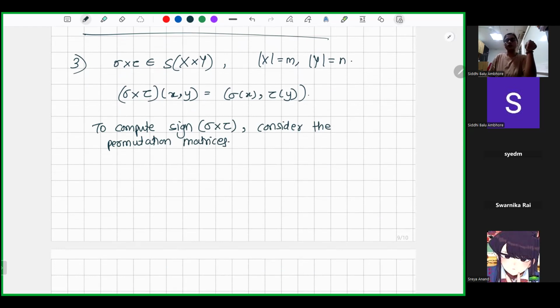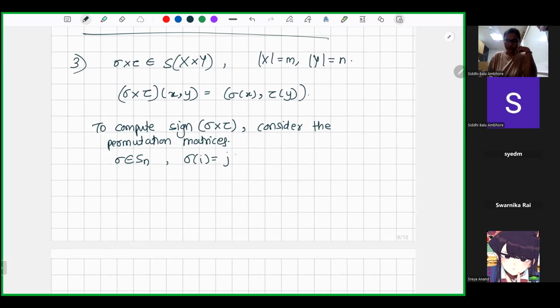Okay, I hope you know what a permutation matrix is. So for example, if I take sigma in Sn, and for example sigma of i is some j, then how to write this?